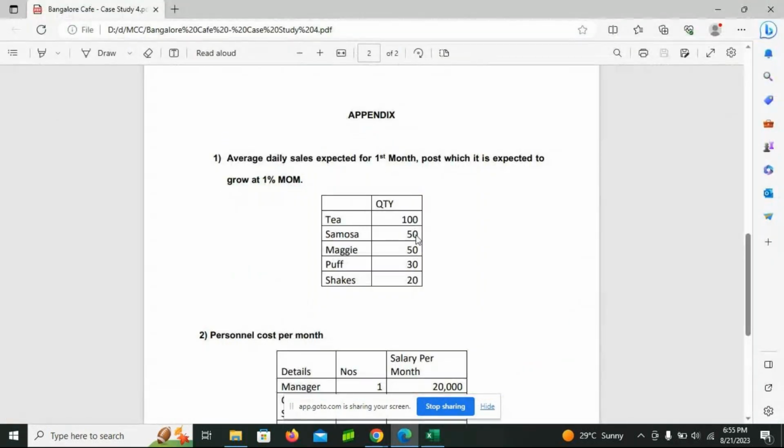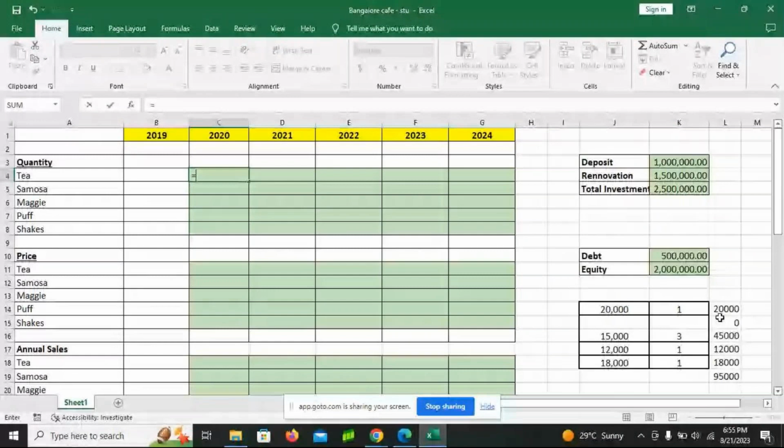Daily sales of tea is 100 per day, so 100 into 365, the quantity that I am going to sell.